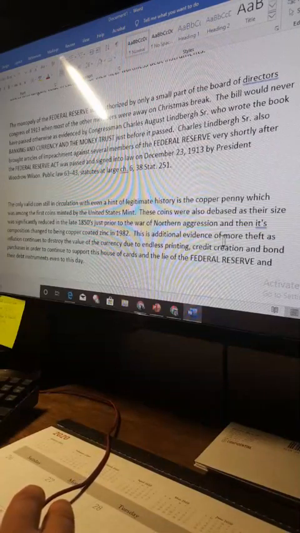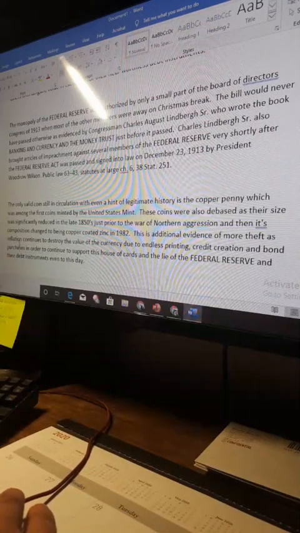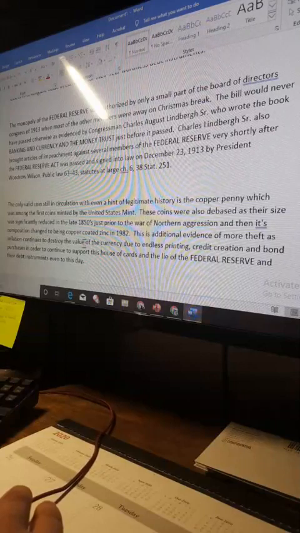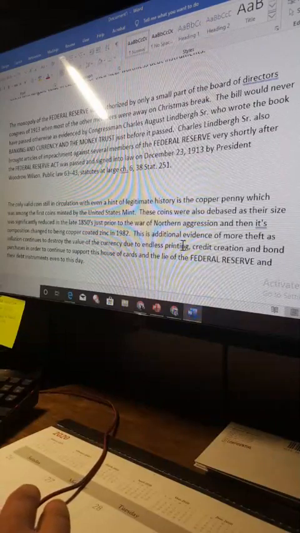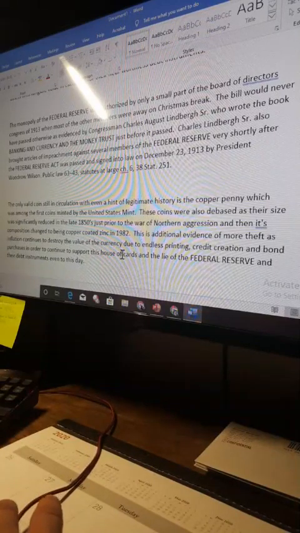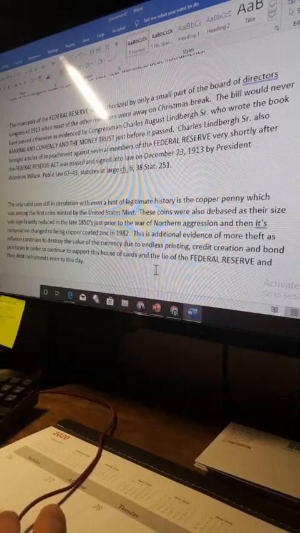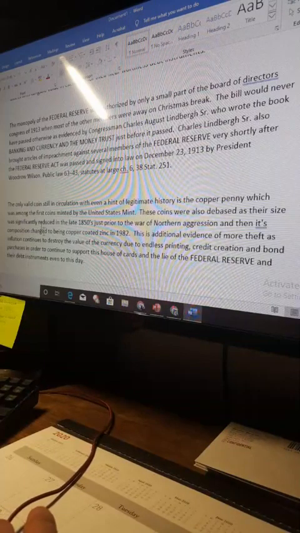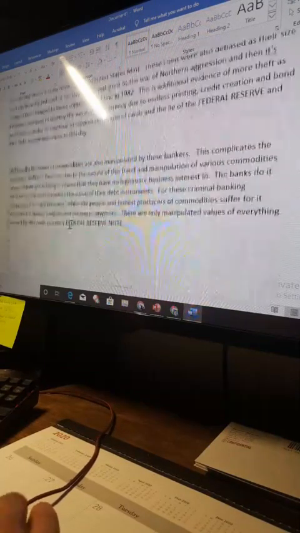This is additional evidence of more theft as inflation continues to destroy the value of the currency due to the endless printing, credit creation, and bond purchases in order to continue to support this house of cards and the lie of the Federal Reserve and their debt instruments even to this day.